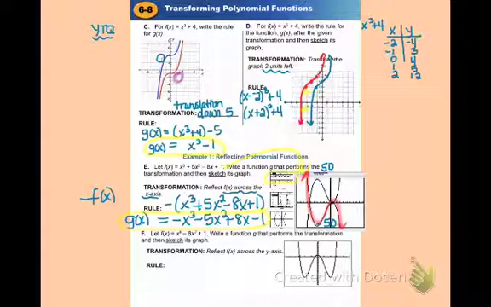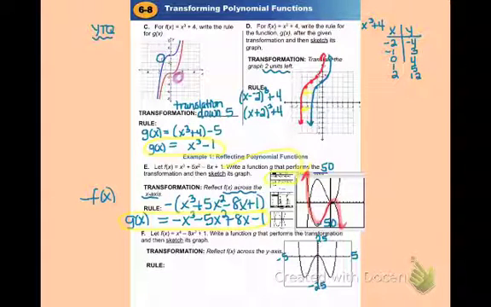Basically what I did to adjust the window is I went up to 25 on the y-axis, down to negative 25, and then I only went out to minus 5 on the x and positive 5 on the x as well. That way it gives you a little better idea of what this graph looks like, because if you didn't adjust the window from a standard window, you wouldn't even see these little dips in the graph where they come down and have those relative minimum values and come back up. So you wouldn't see that W shape of the graph.